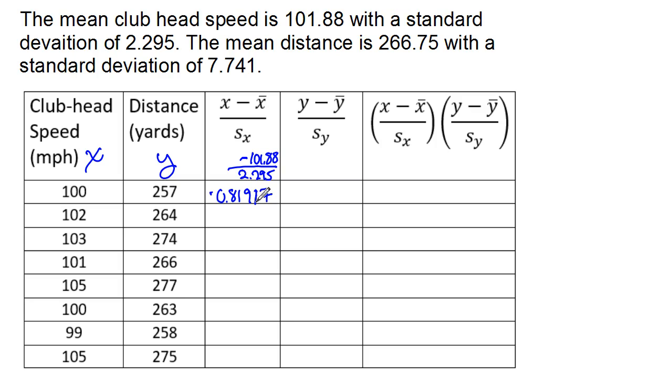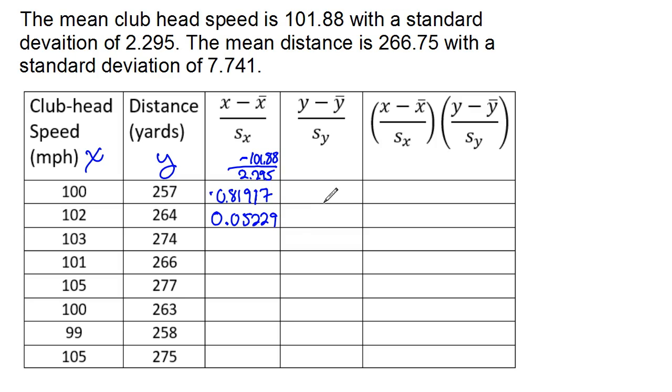So I'm going to take 102 minus 101.88, and then take that number and divide it by 2.295, and I get a positive 0.05229. I'm trying not to round any of these values any more than I have to, because we don't want to round until the very end.